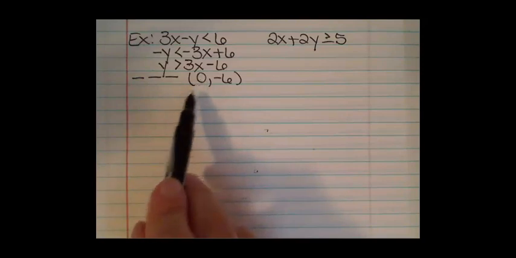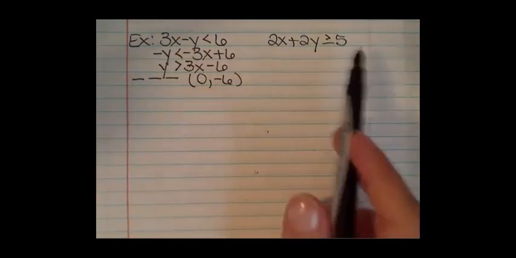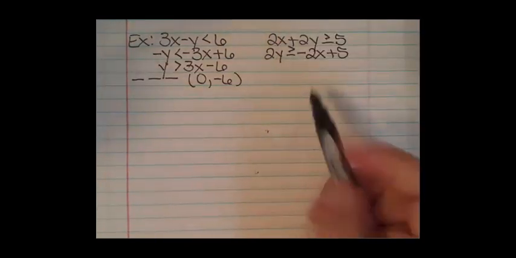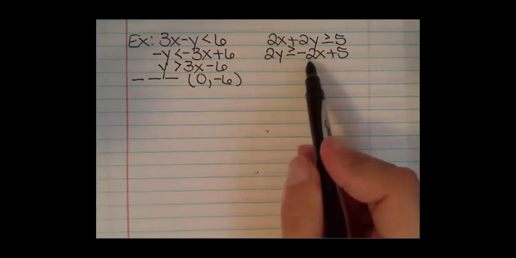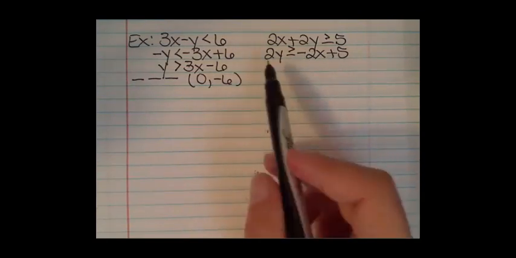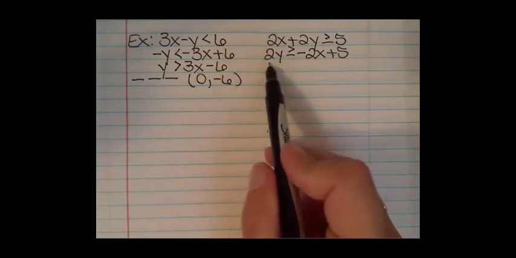We need to get y by itself, so I'm going to subtract over my 2x. That'll give me 2y is greater than or equal to negative 2x plus 5. We didn't have to flip the sign because we were subtracting, not dividing or multiplying. We do need to divide by this positive 2, and so it's going to be y is greater than or equal to negative x plus 5 over 2.